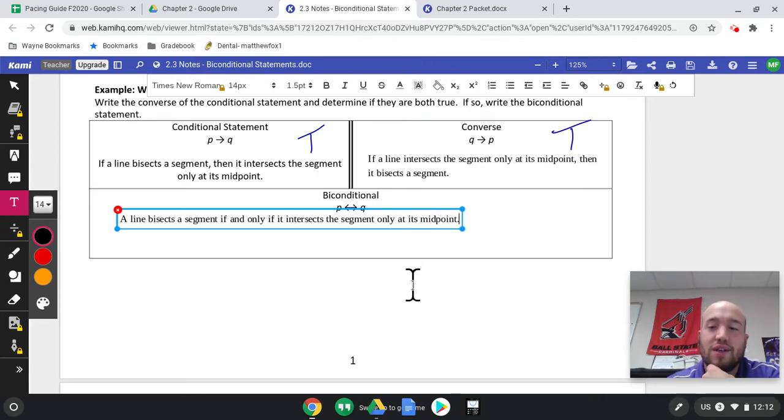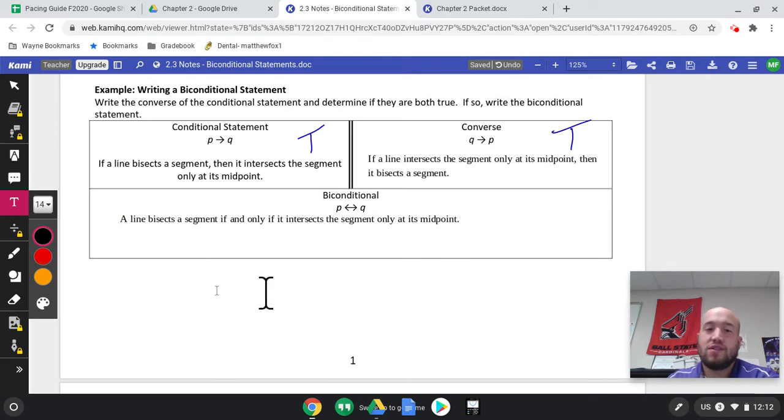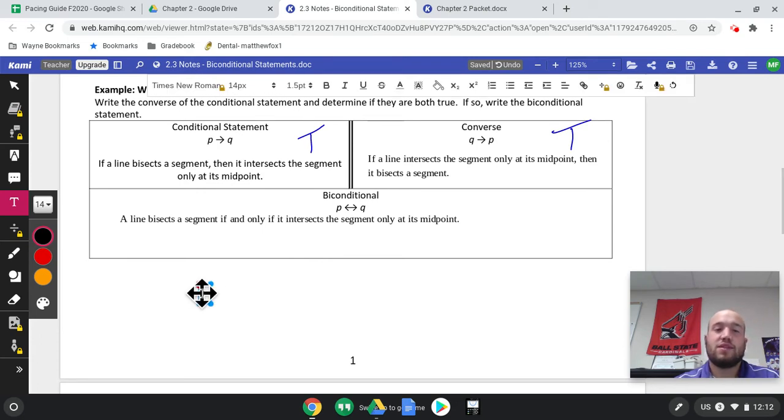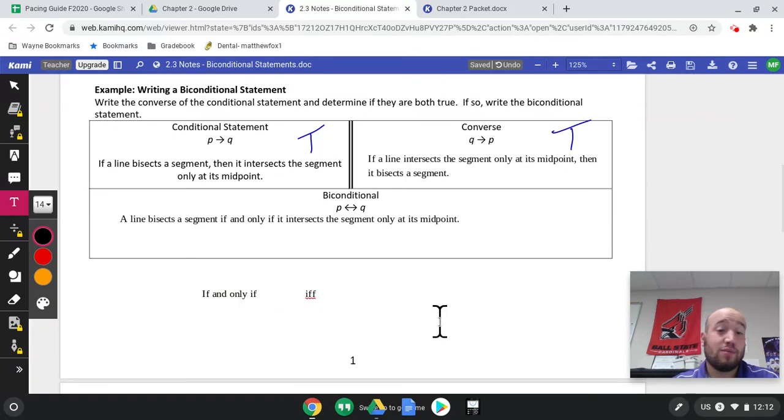And we would be done with that. Notice the if and only if is implying that it can go either way. Just so you're aware, sometimes if and only if will be abbreviated like this, IFF. That doesn't mean if. IFF means if and only if. We can only write this biconditional if both of these are true.